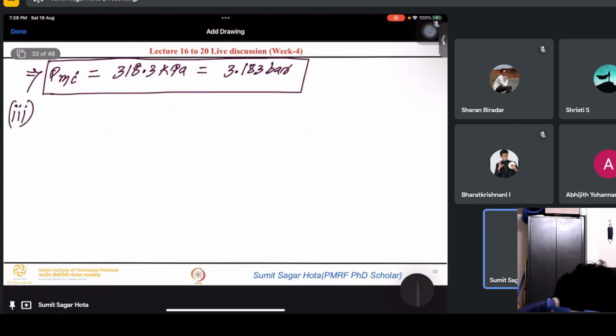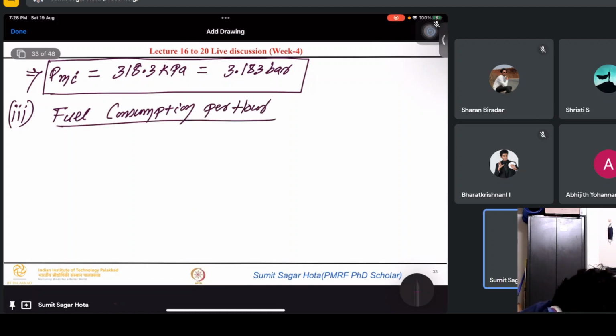Now third is our fuel consumption per hour. Indicated thermal efficiency is equal to IP by m dot F into CV.